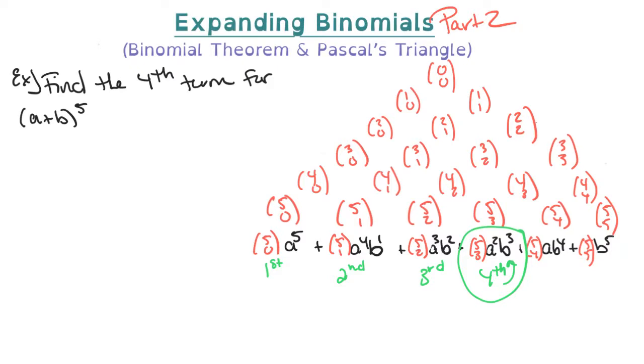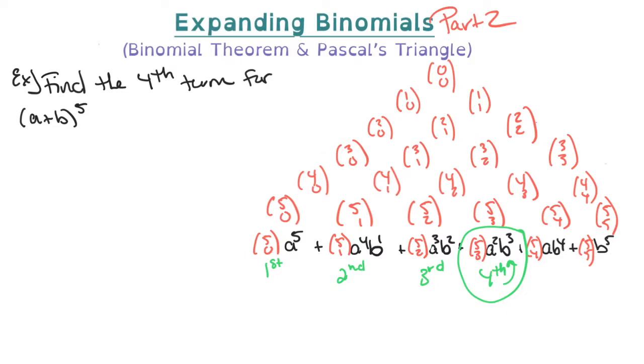So they want the fourth term to be a to the 4 or b to the 4. But since we're starting with the first term, at 0 b's and 5 a's, the first term is 5 choose 0. The second, third, fourth term is 5 choose 3.